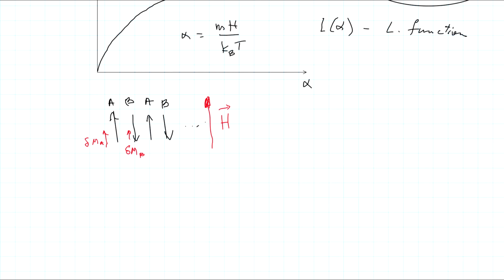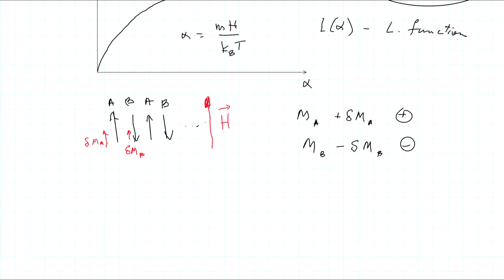So if you write it down mathematically, we will have sublattice A, MA plus delta MA, and we would have MB minus delta MB. So here we added, here we subtracted, because magnetic field points in that direction.